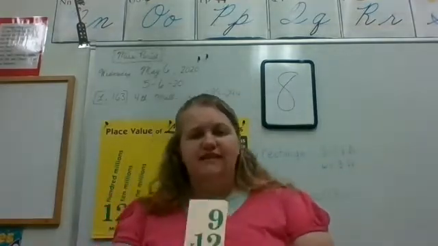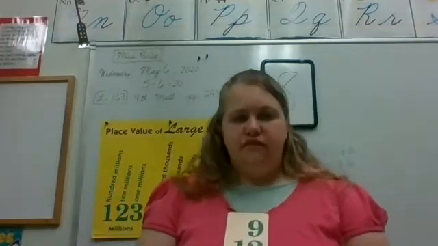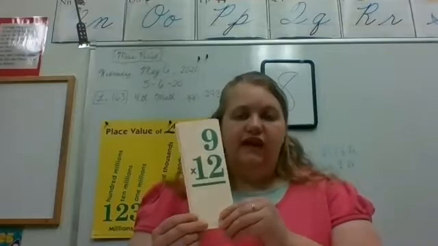I'm going to start with some flashcard review, and then I'm going to let you go take your speed drill, okay? So 9 times 12, 81. 12 times 12, 144. 7 times 12, 84. 10 times 11, 110.